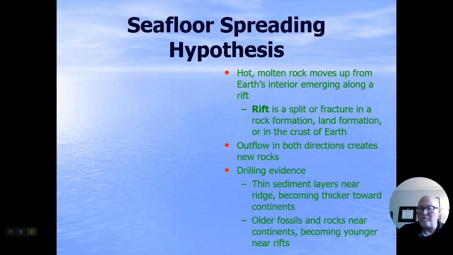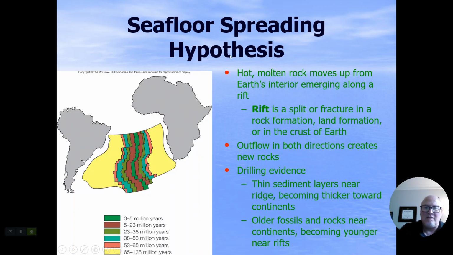So let's go back over to the Atlantic Ocean, the Mid-Atlantic Ridge. The Mid-Atlantic Ridge is a spot where we have oceanic crust that is moving apart. The oceanic crust is moving apart because you have magma coming in the middle and pushing it apart, so this rift is constantly getting new rock.